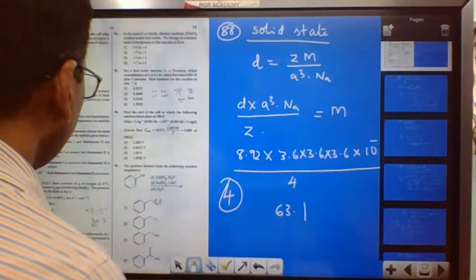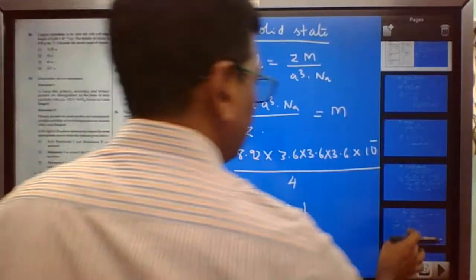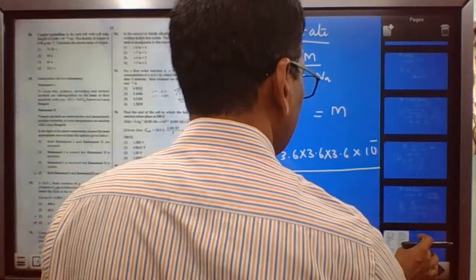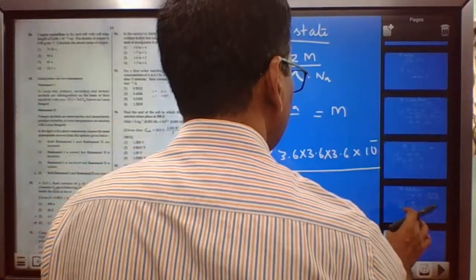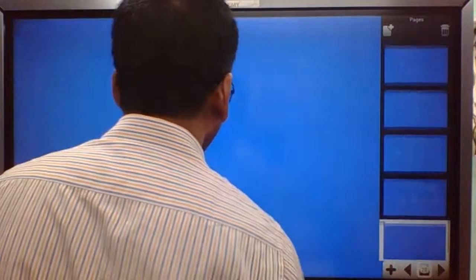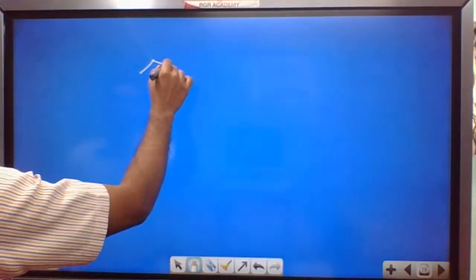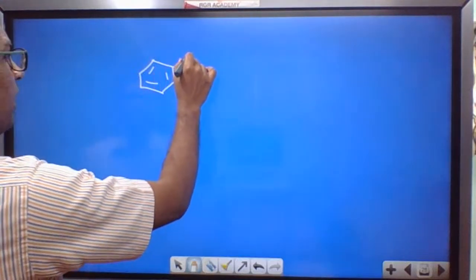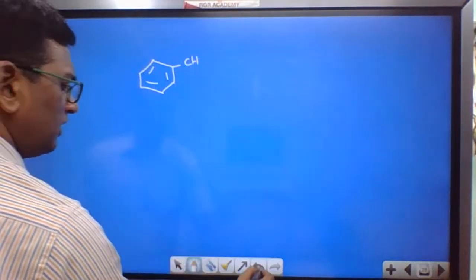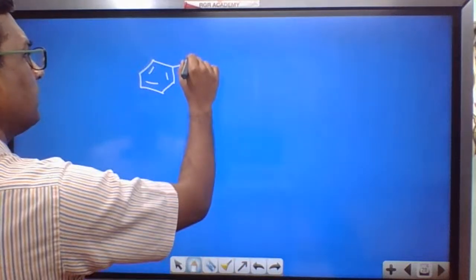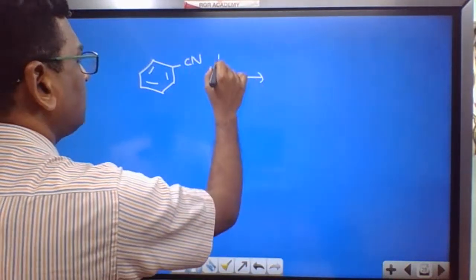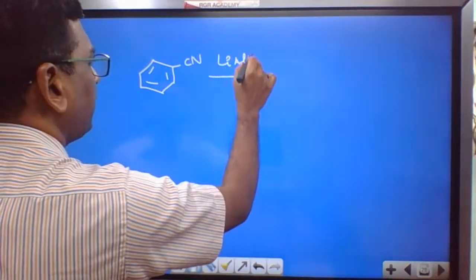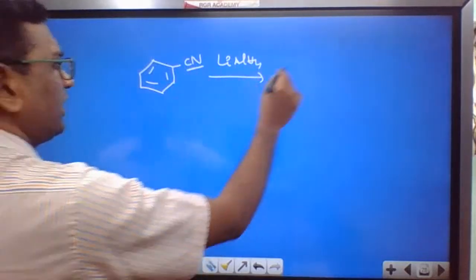Next, 95. This is an organic question. This is also a direct question. You can see it is a conversion question, and that is also a very simple question. This is benzene and CH2CN they gave. Once it is treated with lithium aluminum hydride, what happened? This undergoes reduction.